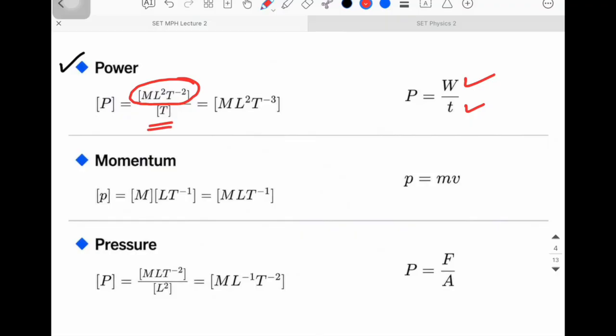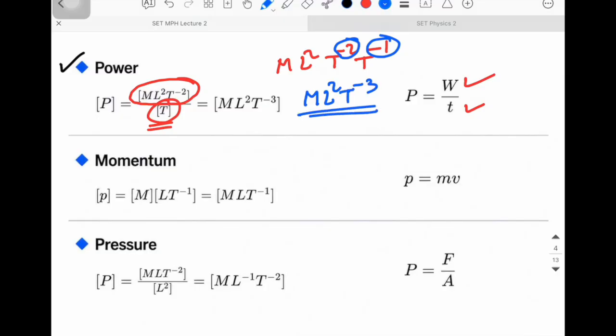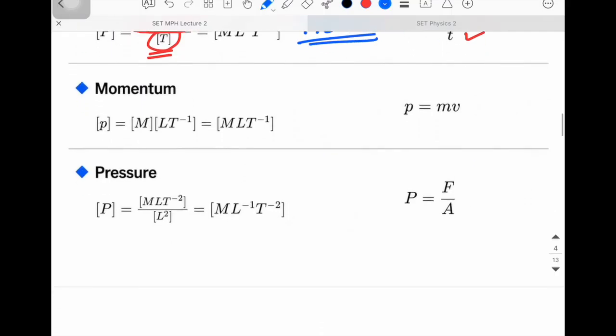In the denominator we have a t, so when it comes to the numerator, it becomes t power minus 1. So net we will get M L square t power minus 2 minus 1, equal to t power minus 3. So M L square t power minus 3. That is the dimension of power.